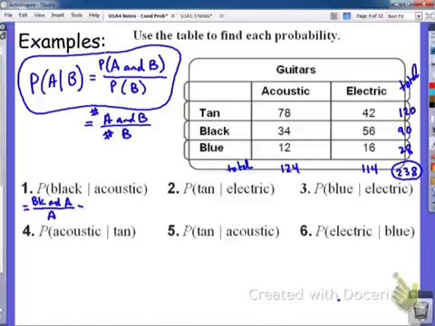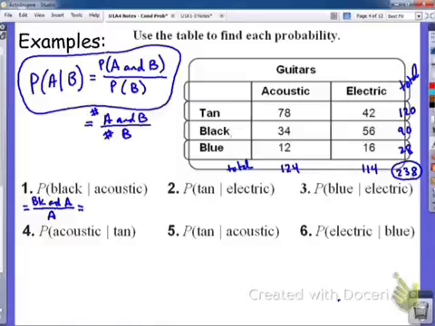All right. So what's the probability of selecting a black and acoustic guitar? Well, what I want from you is the number of black guitars that are also acoustic. Find the row that is black and find the column that is acoustic.